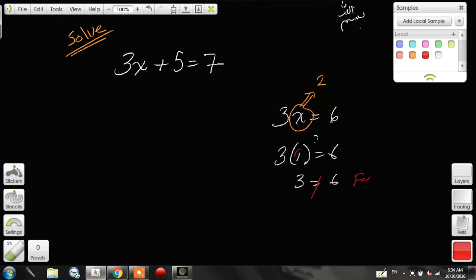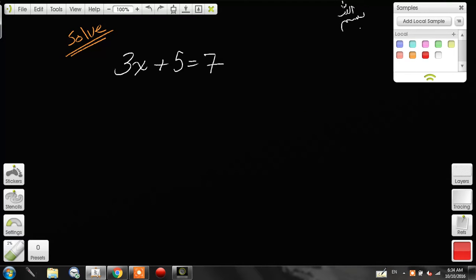So 1 makes this a false statement, but 2 makes this a true statement. So when we say solve an equation for a certain variable, what we mean is find the value of the variable that makes this a true statement. Okay? That's what we mean by solving an equation.